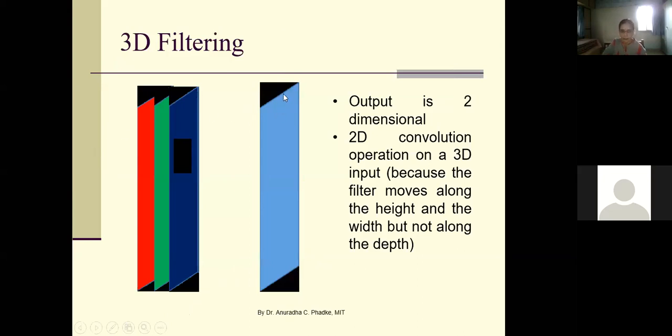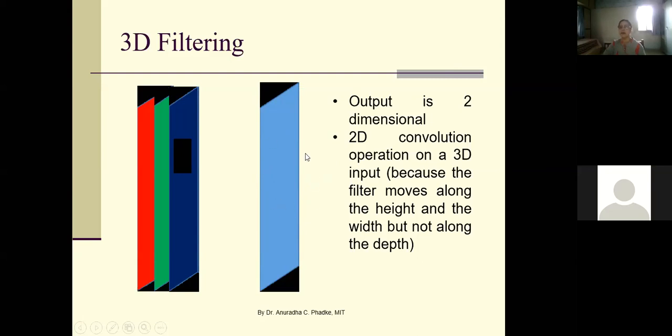If your image is a gray image, the dimension of the input array is your image size, that is number of rows multiplied by number of columns into 1, because for a gray image you need only one plane to represent your pixel values.